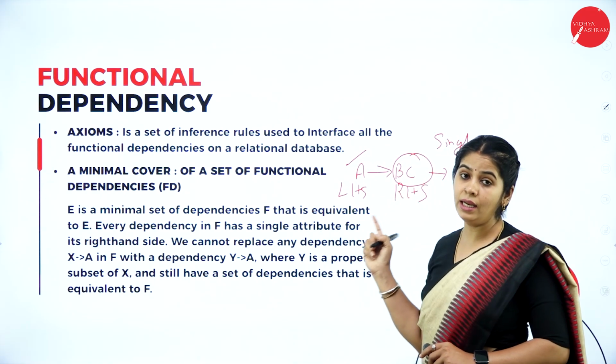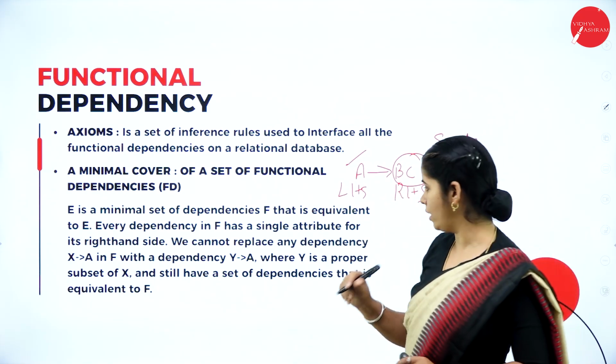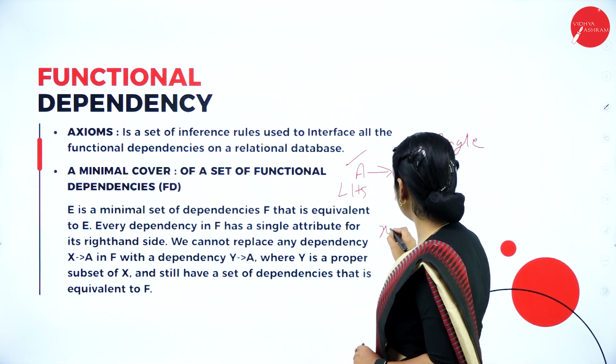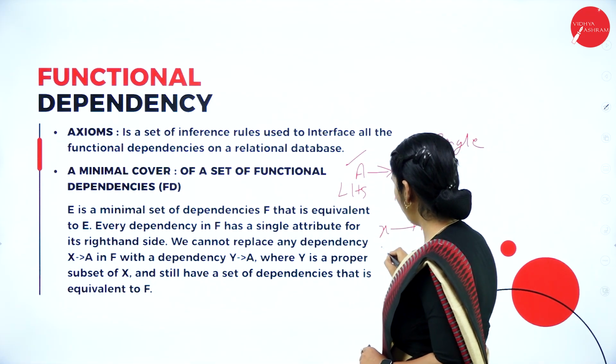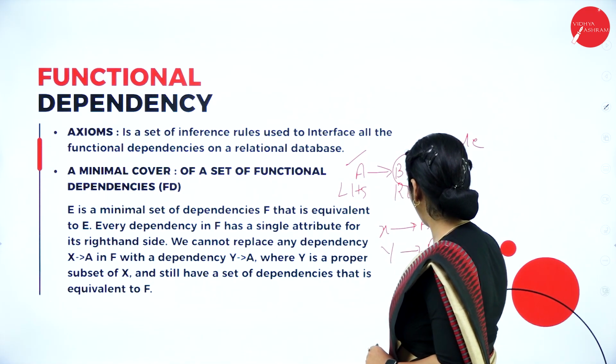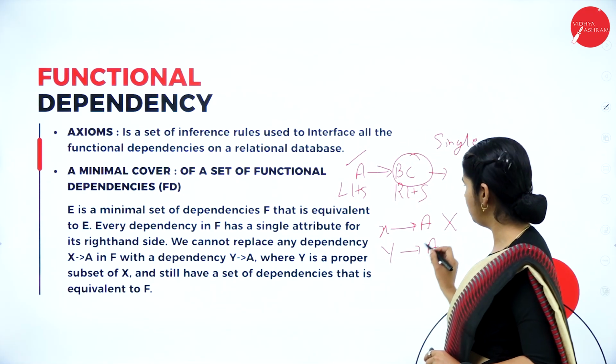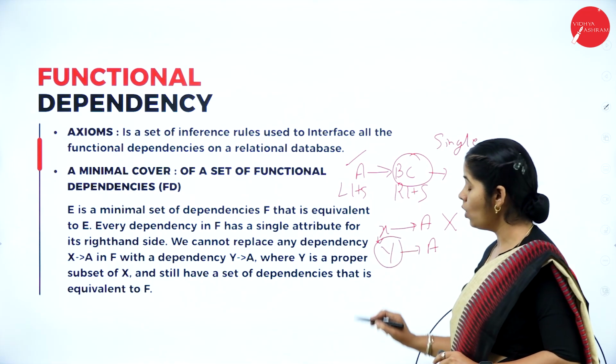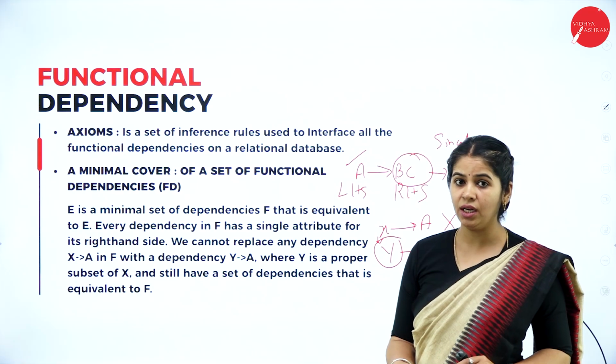At the right hand side, it should have only one attribute, and at the left hand side, if X determines A and Y determines A, we cannot do this when Y is a proper subset of X. What do you mean by proper subset?